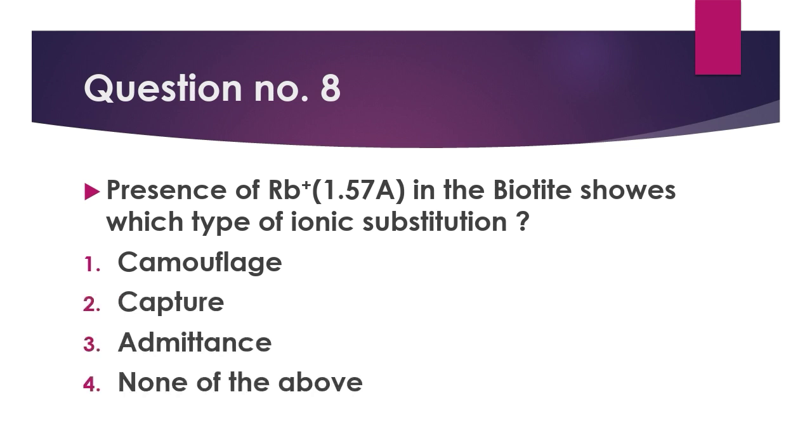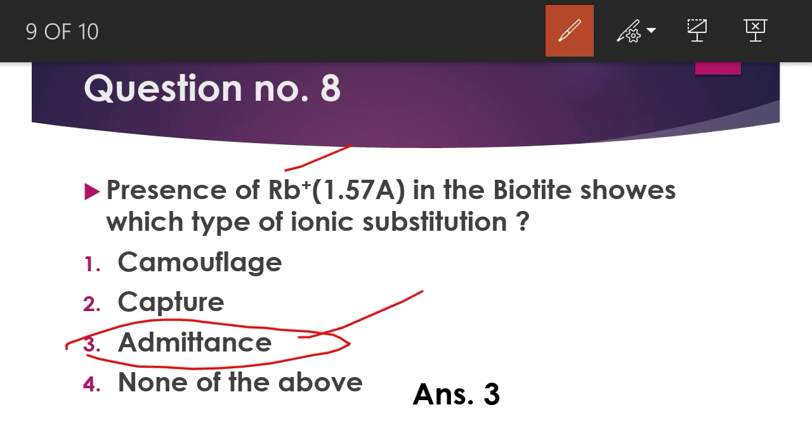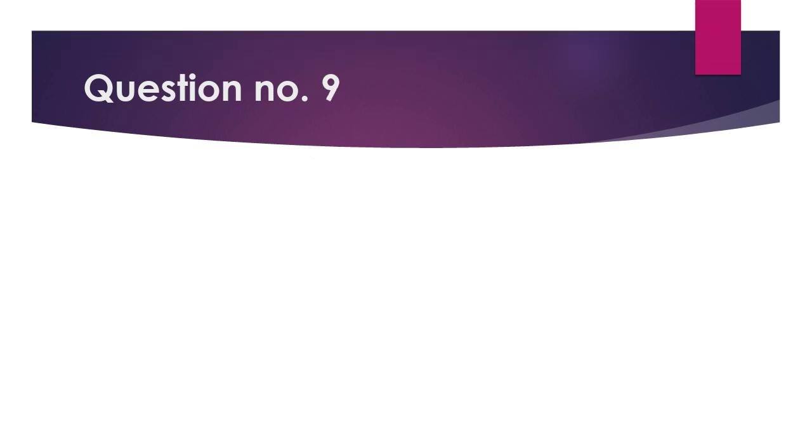So there are four options: camouflage, capture, admittance, and none of the above. So rubidium is the example of admittance type of ionic substitution, because rubidium has lower ionic potential, and when a lower ionic potential ion substitutes the major ion of higher ionic potential, it is known as the admittance type of ionic substitution. So the third option will be your right answer.